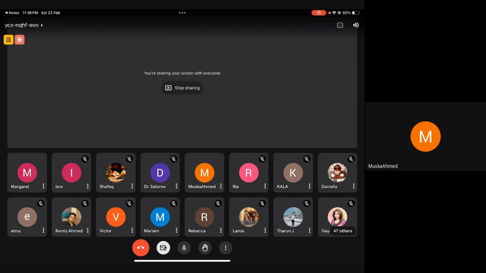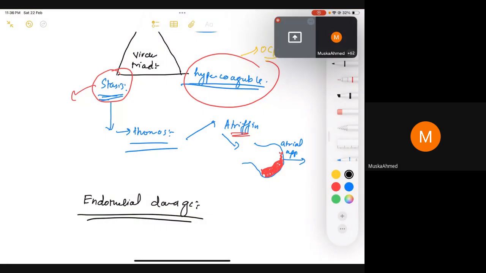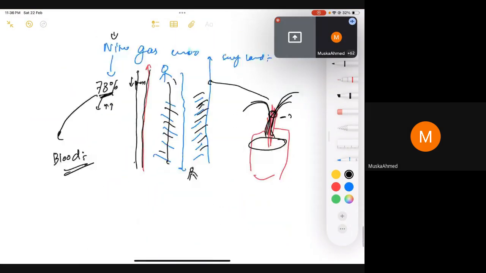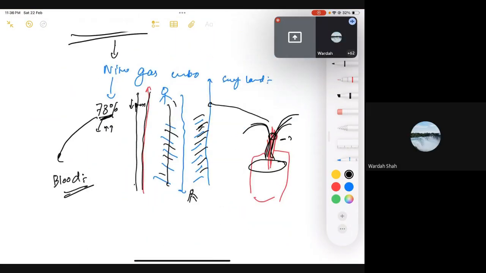Now Dr. Muskan is going to be teaching this topic and you can ask her questions. The question was how can a diver avoid formation of nitrogen embolism? That's a good question. The answer is he should just stay at home. He should not dive so deep.